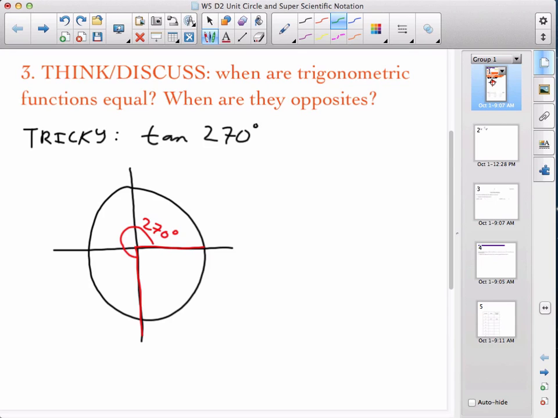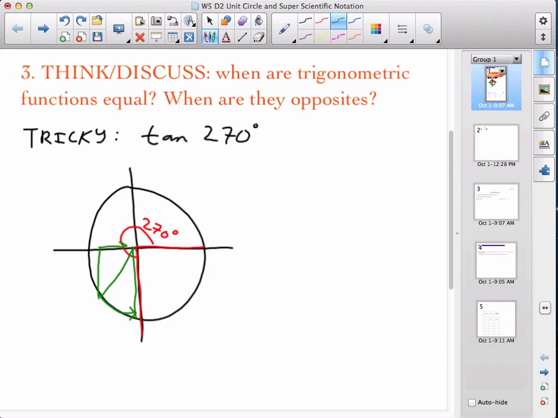So if there was a line like that, then I said that would be the opposite, that would be the adjacent, and as this moves this way, the opposite becomes a length of 1, and the adjacent becomes a length of 0.